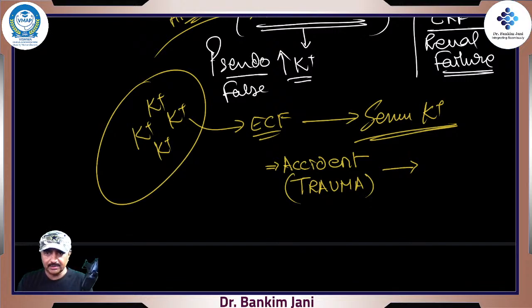But if you look at the tissues, the tissue injury is less compared to when someone's hand goes into the machine and the whole tissue is literally squeezed, or someone lying on the road and the wheel of a car goes over him. They are called crush injury.